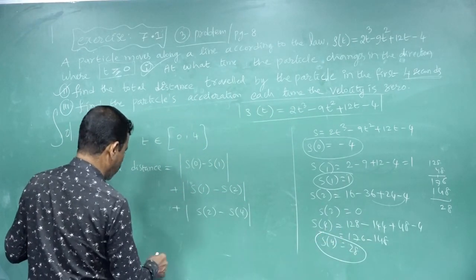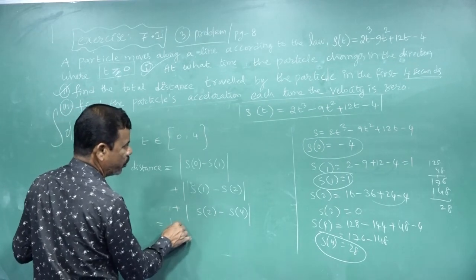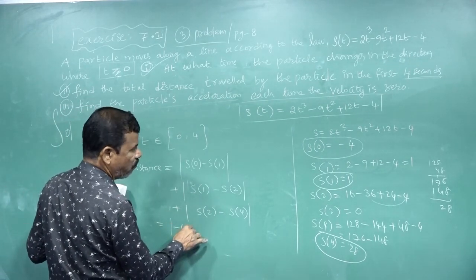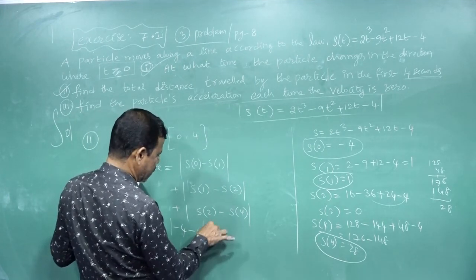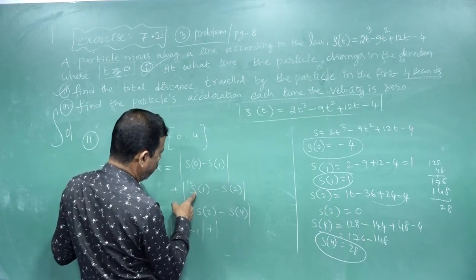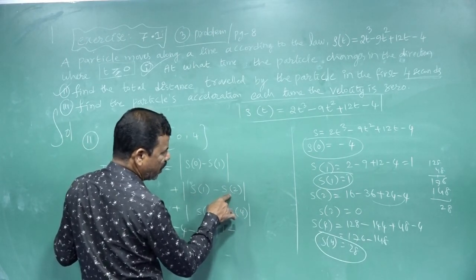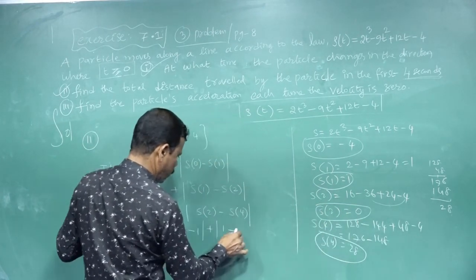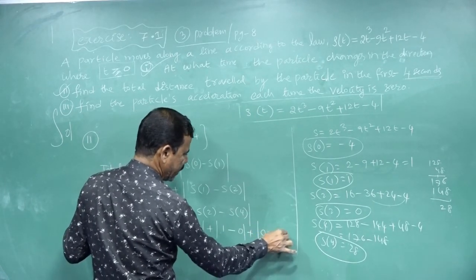Now come here. Total distance is equal to S of 0 minus S of 1, that is minus 4 minus 1, plus S of 1 minus S of 2, that is 1 minus 0, plus S4 minus S2, that is 28.